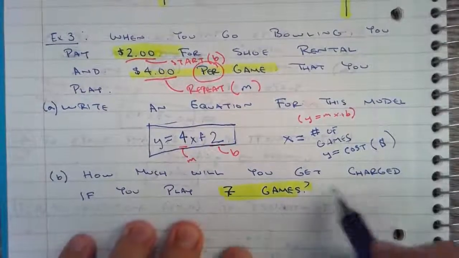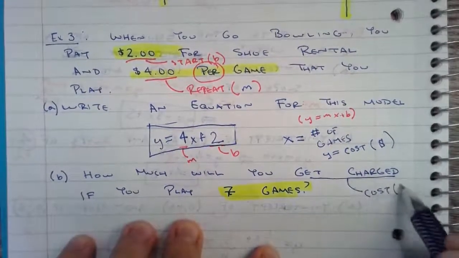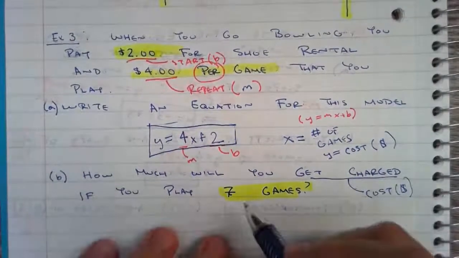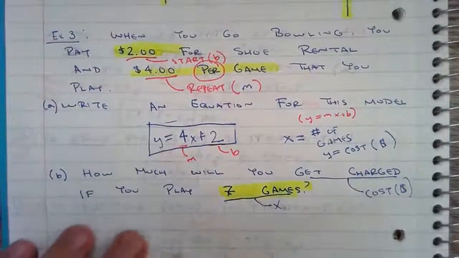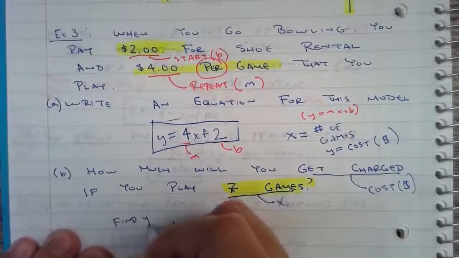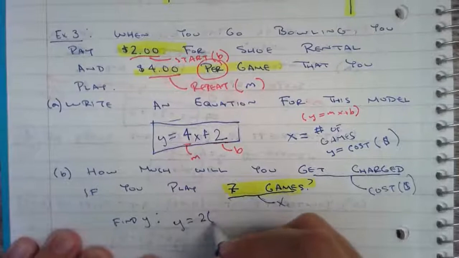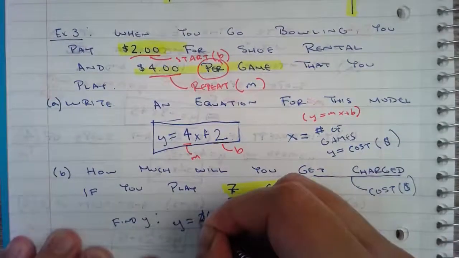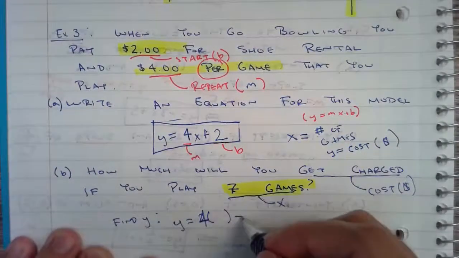Now I'm going to plug into my equation. They ask how much will you get charged, so they want you to find the cost. This is your x. I'm going to find y. Y equals 4 times, leaving the x empty, plus 2.